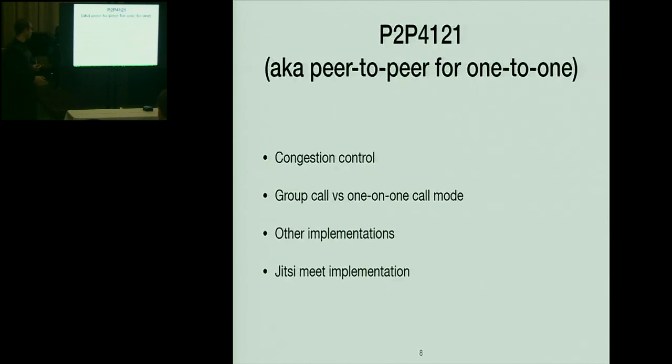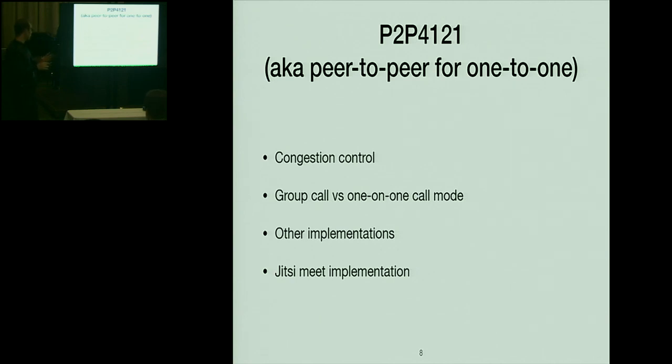So, peer-to-peer for one-to-one. Here we're going to see why this is important and what this does. We're going to talk briefly about some related concepts such as congestion control. Hopefully we're going to be able to motivate this work and why it's important to have it. We're going to precisely define it.